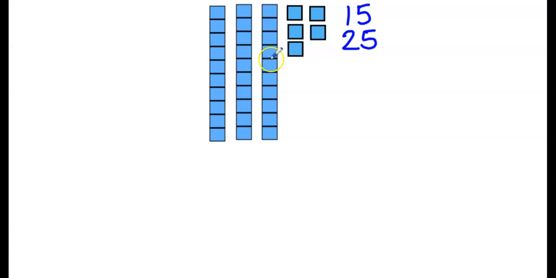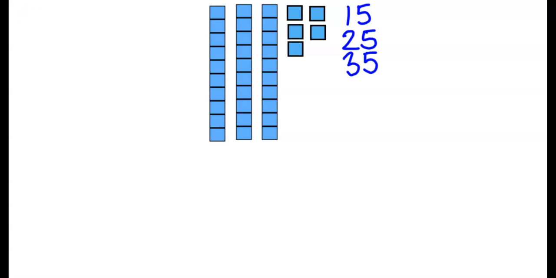Well, I know I have 30 and 5 more, so that is 35. What are you noticing already? I still have my 5 ones, so this 5 digit in the ones place is not changing. But what is increasing? The tens place. Why is it increasing? Because I'm adding 10 every time.